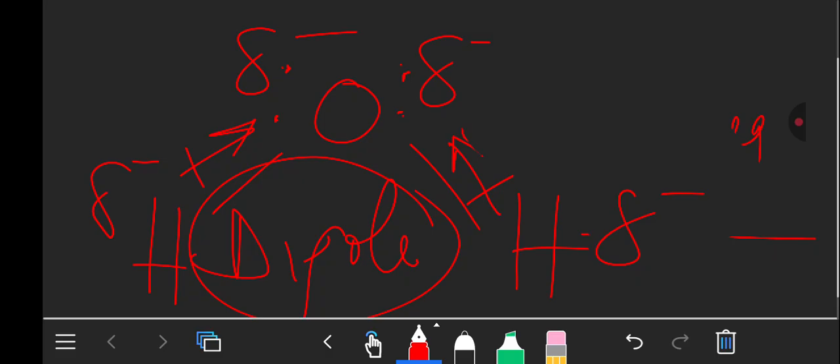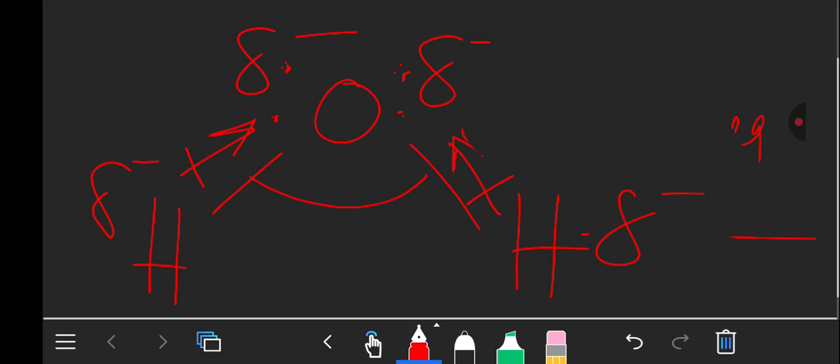And when you're looking at this, oxygen has two lone pairs, and these lone pairs are the ones which give the shape of water, okay?